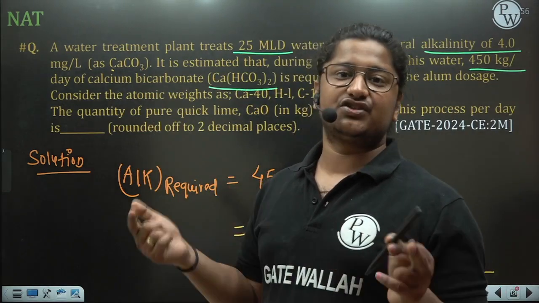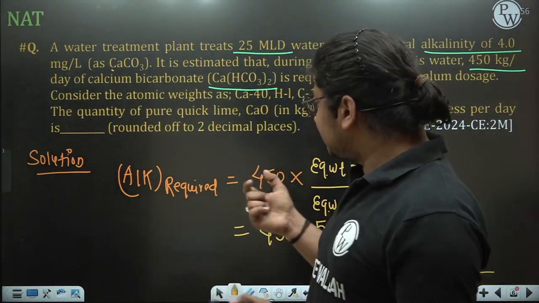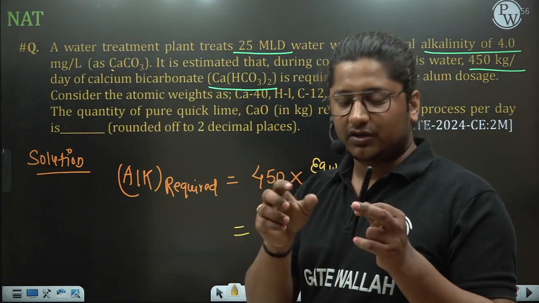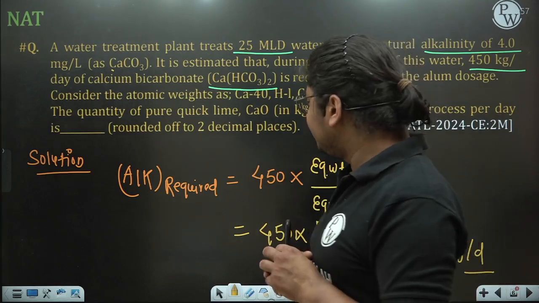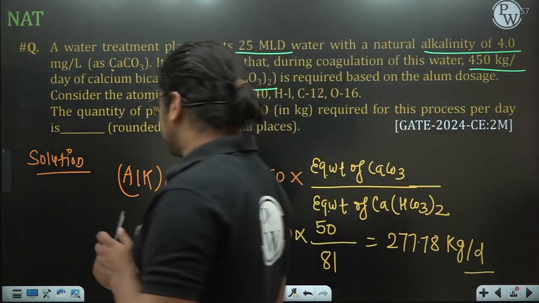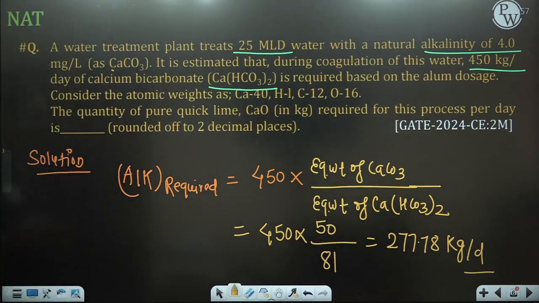That is something which is not mentioned in this question. That leads to some confusion, but we'll follow the general procedure. Okay. So 277.78 kg per day, that is the alkalinity required which we got.